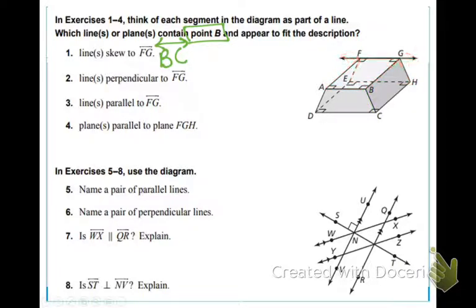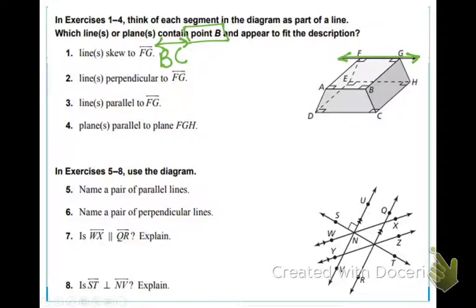The next thing we want is a line that is what? Perpendicular. So perpendicular, I'm going to write off to the side. Perpendicular is coplanar. So coplanar means on the same plane. And do perpendicular lines intersect?